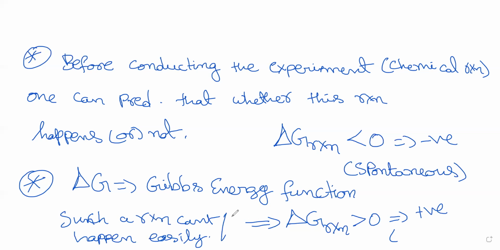If delta G of the reaction is greater than 0, we say the reaction cannot happen easily, though there are ways we can make it happen. For a reaction with delta G less than 0, definitely the reaction will happen.